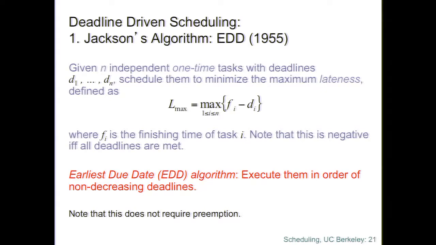So there's a whole family of techniques that are based on deadlines instead of periods. One of the oldest is Jackson's algorithm, which dates back to 1955. This is a classic operations research result. If you're given n independent one-time tasks with deadlines, and you want to schedule them to minimize the maximum lateness, which is defined as the maximum of the finish time of the task minus the deadline.